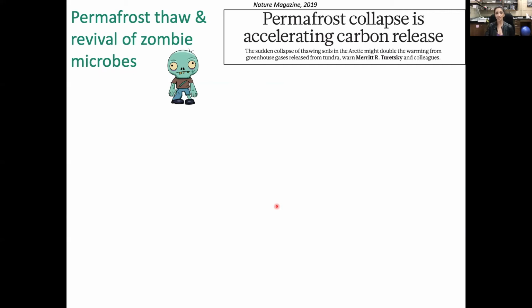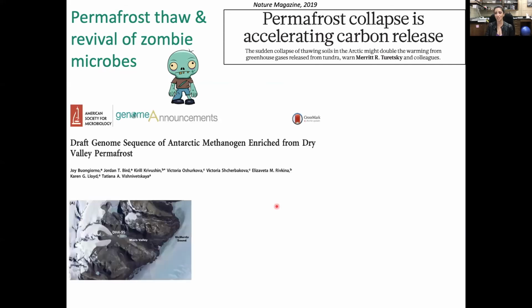I myself did some work on methanogens, which convert CO2 and organic material into methane, that more dangerous greenhouse gas. I took a look at genome sequences of methanogens living in Antarctic permafrost, and my collaborators took some permafrost from Antarctica, put it in a bottle, warmed it up, and waited about 10 years.